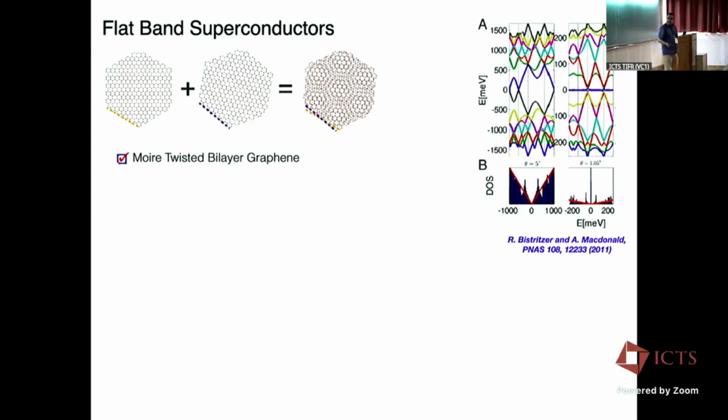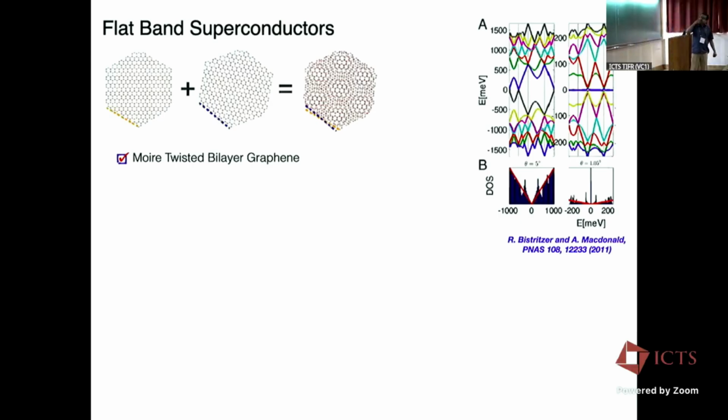When you do that, you will see that these two lattices are slightly twisted with respect to each other. And if you look at this pattern, you will see that you create essentially quasi-periodic patterns on much, much longer length scales, especially if the twist angles are small.